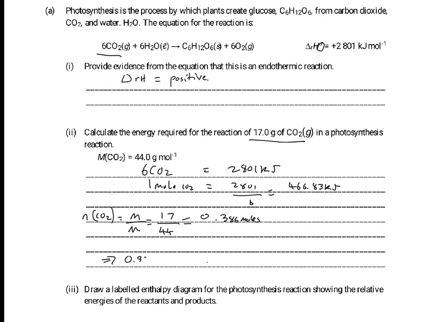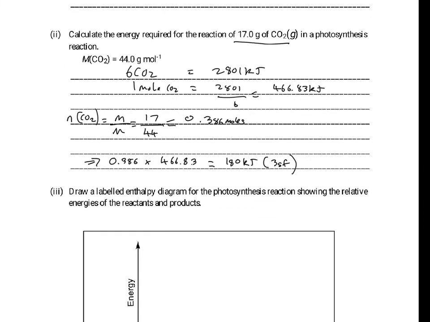So we take our 0.386, multiply it by 466, and we get our answer of 180 kilojoules to 3 significant figures. Okay, if you want to do it the other way, where you work out the number of moles and then multiply it by 2801, you just have to remember to then divide your answer by 6 to take into account the fact that there's 6 moles of CO2 over there.